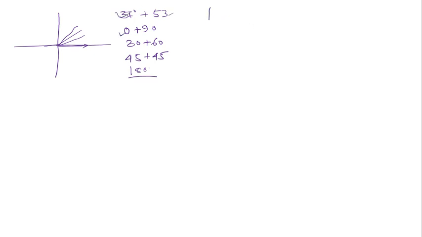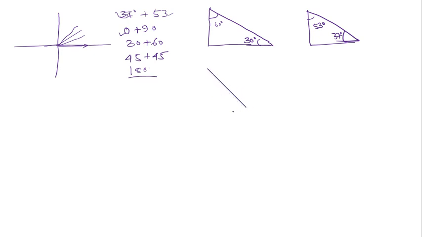So let's draw the triangle, because trigonometric ratios are defined on a right angle triangle. For example, now this is 30 degrees. So obviously this is 60 degrees, because this is a right angle triangle. Now I can draw another right angle triangle like this, where this is 37 degrees, so this will be 53 degrees. Now I can draw another one, this is 45 I am drawing.